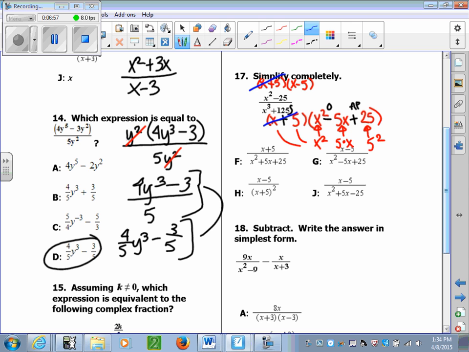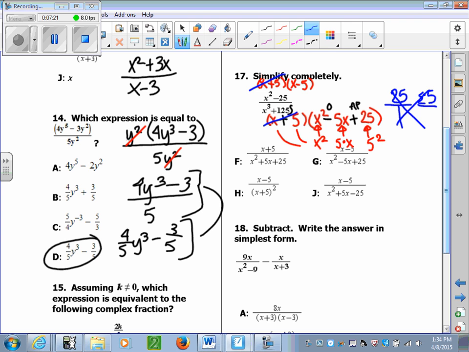Now, I also need to check to see if I can factor this big parenthesis here. I have x squared minus 5x plus 25. So I need to look, are there any 2 numbers that multiply together to give me 25 and add up to a negative 5? And I would find that, nope, there are not. It's not factorable, so I don't need to factor that.